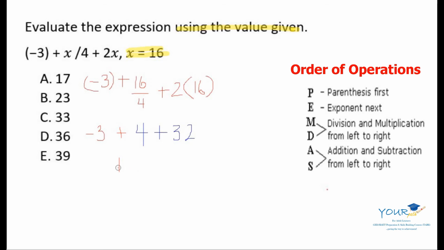You're going to always have the sign of the bigger number, in this case a positive 1, plus 32. And when we add the 2 together, that's going to give us 33. So now, having performed our operations, our answer is 33.